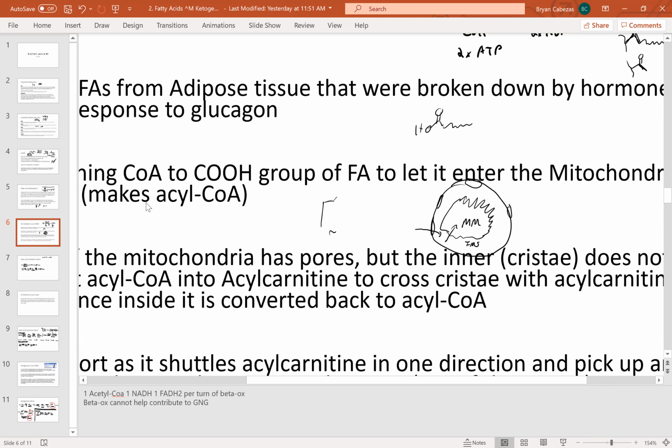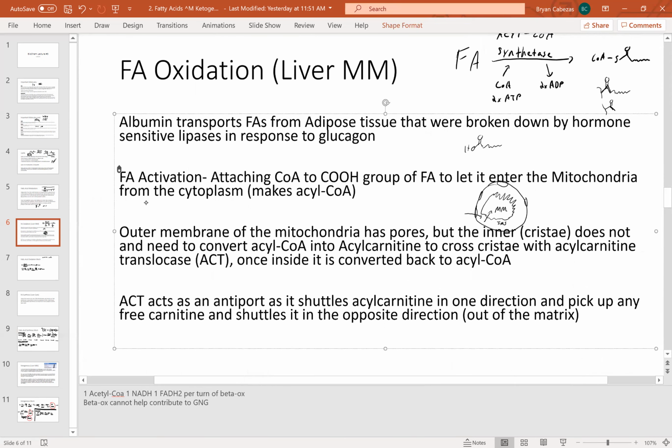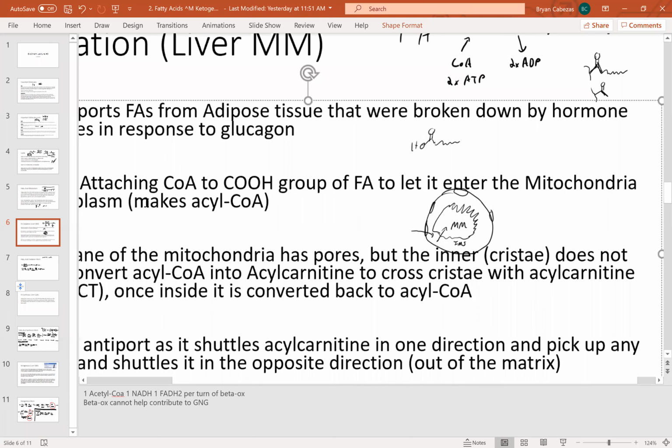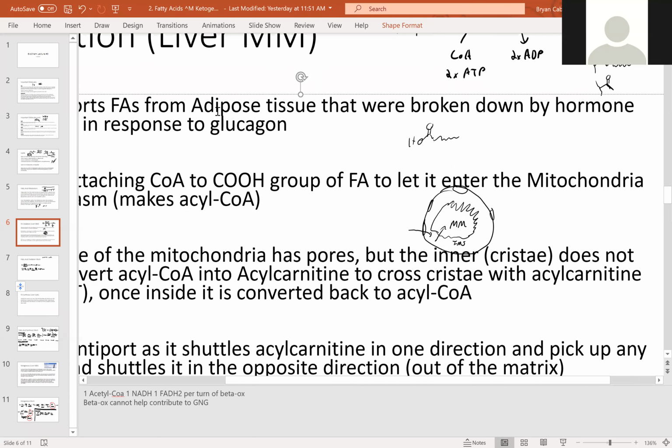But yeah, so the acetyl-CoA that is produced from beta oxidation is going to be introduced to the Krebs cycle immediately in the mitochondrial matrix. So that makes things efficient, right? It's perfect. If you're going to oxidize your fatty acid, might as well happen in the mitochondrial matrix.